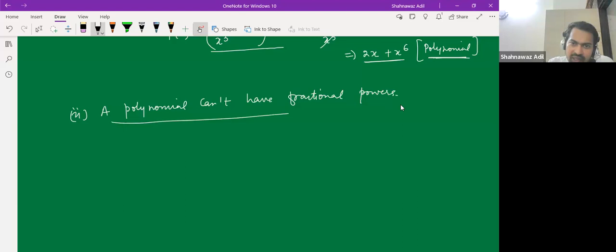Right. So if the polynomial is given like root x plus 5, is this a polynomial? No, sir. Because of the root. So root is what power?